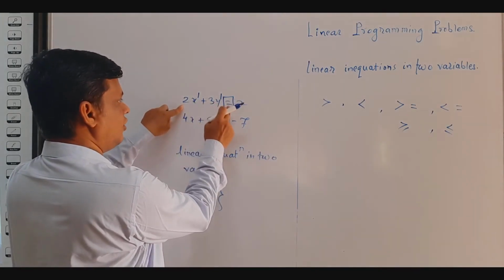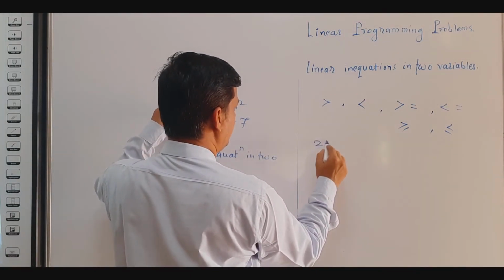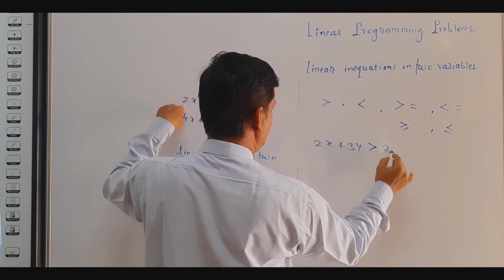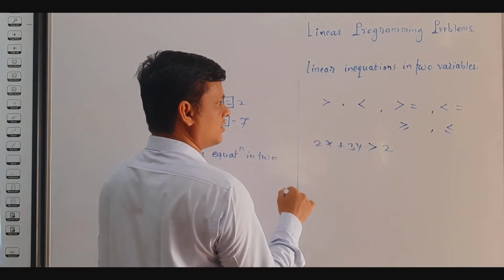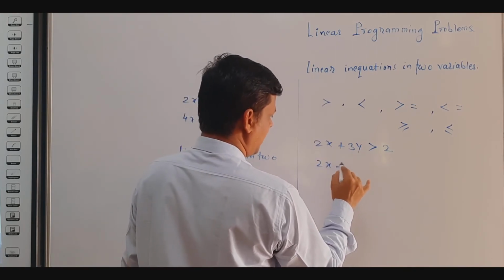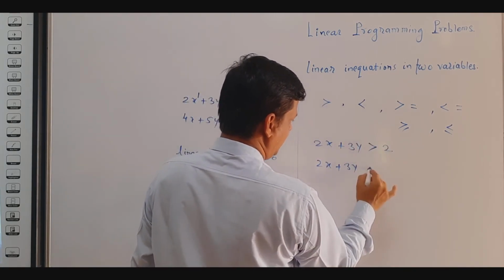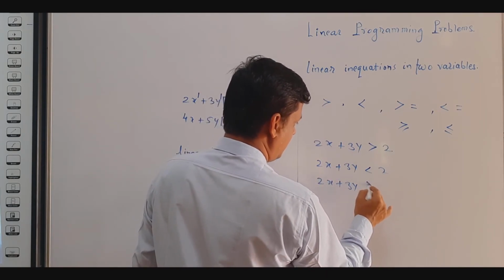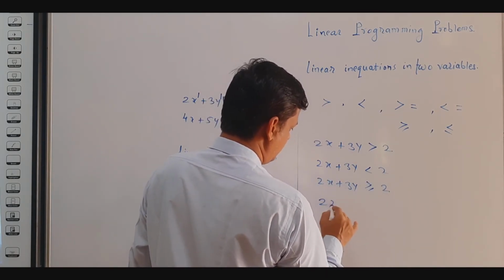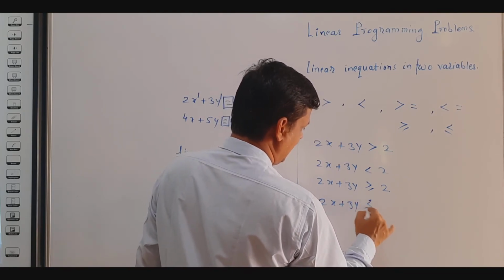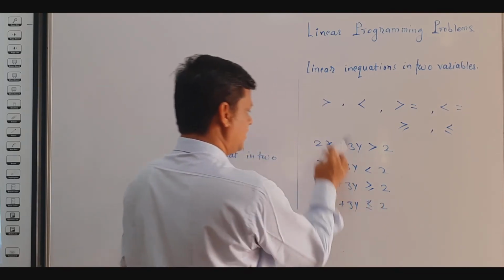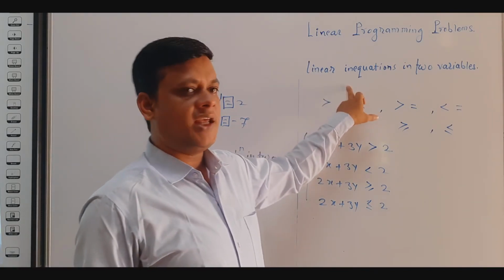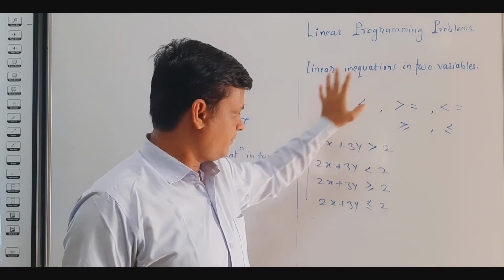So instead of equality, if we use 2x plus 3y greater than 2, then this is a linear inequation. Or you can use x plus 3y strictly less than 2, 2x plus 3y greater than or equal to 2, 2x plus 3y less than or equal to 2. These all are examples of linear inequations in two variables.